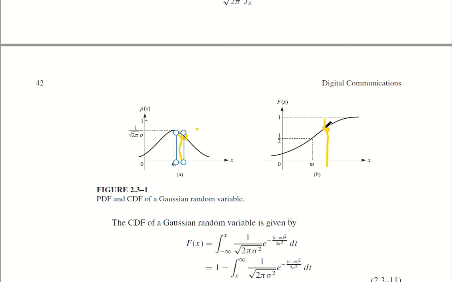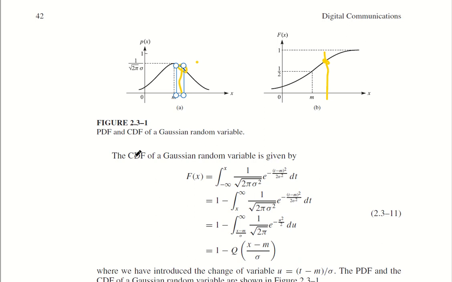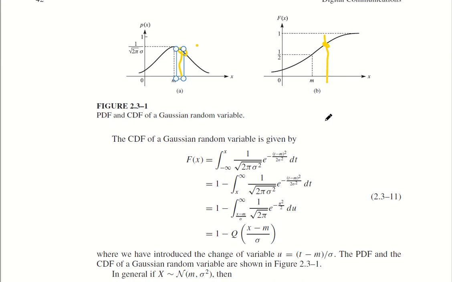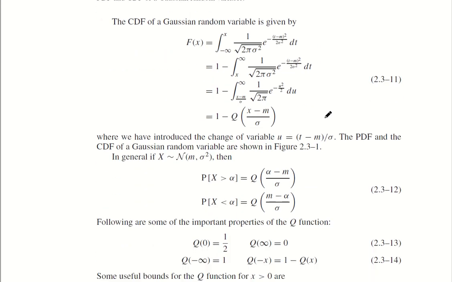So this represents a probability, but the other is not a probability, it is the probability density. There is a difference. Any point on the CDF represents the probability of the event that the realization is below that threshold.